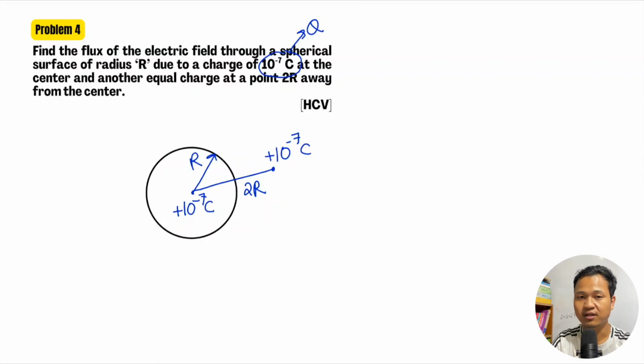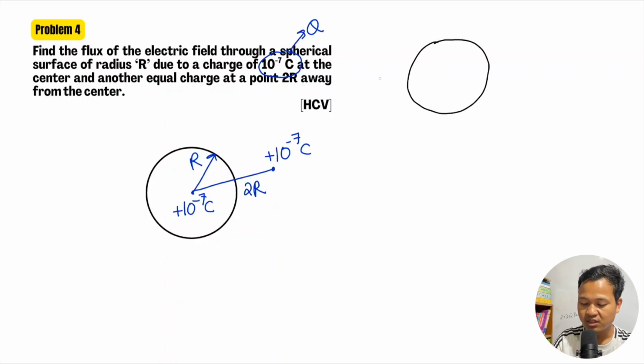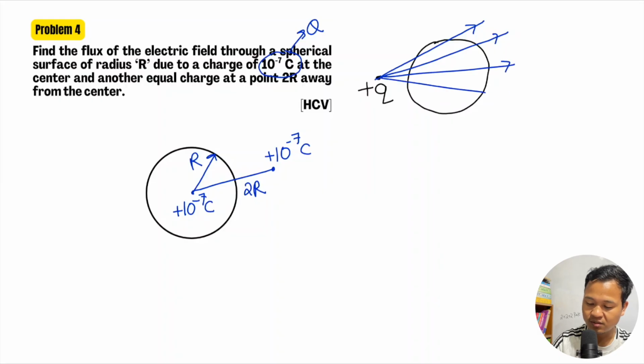To solve this question, learn this concept. Due to this charge, what is the flux through this surface? Whatever line is coming from this charge to the surface goes out again, so the flux is 0. Same thing here.